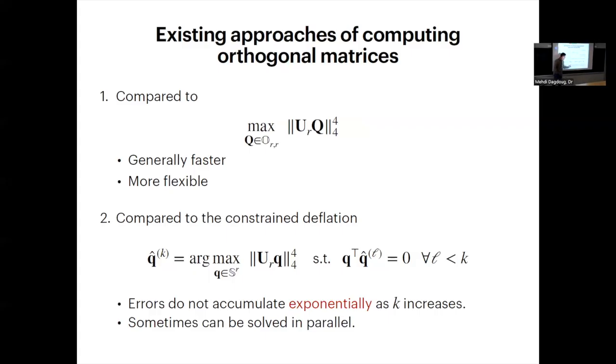And empirically, people observe exponentially increased errors when using this constrained optimization. I want to point out this procedure is used in many statistical problems like sparse PCA, sparse canonical correlation analysis, etc. They potentially suffer from this problem. And third, the one we propose can really be done in parallel.